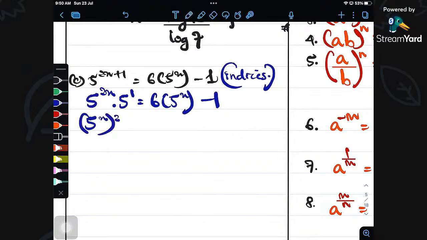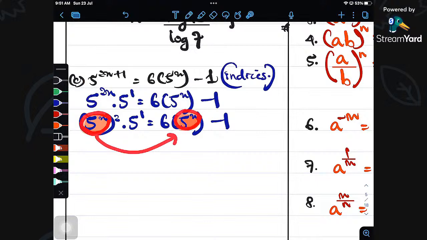I just separate this thing into becoming a bracket so that saya nak samakan dia dengan yang di belah kanan ni. Saya nak dapatkan variable yang sama. Daripada dia 5 ni 2x plus 1 ni, saya jadikan dia sama dengan yang di belah kanan ni.